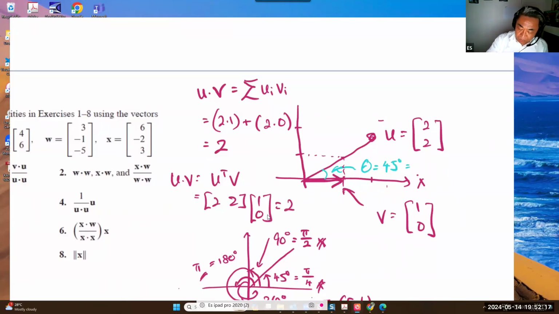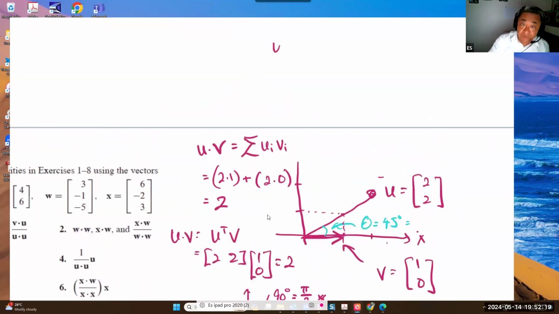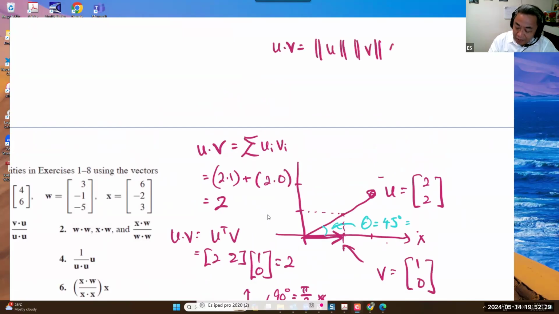And then the last method, U dot V is equal to norm of U, norm of V, cosine theta. Now, we know cosine theta, right? This cosine theta is pi by 4. So norm of U is what? The length of U.